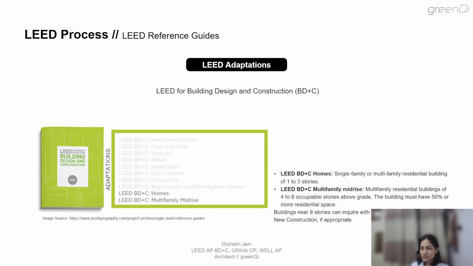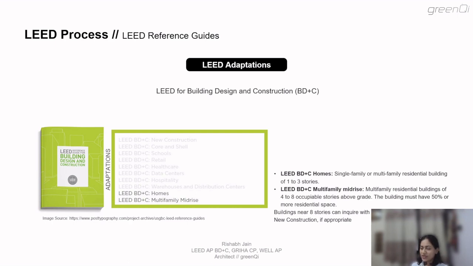The last two categories are LEED BD plus C homes and BD plus C multifamily residences. Both of them are applicable to residential buildings, but at different stories. Homes is applicable to residential buildings, single family or multifamily, of 1 to 3 stories. Multifamily mid-rise is applicable to multifamily residential buildings of 4 to 8 occupiable stories above grade.